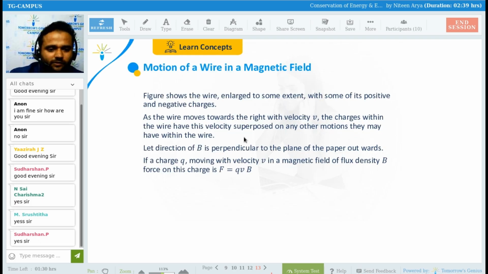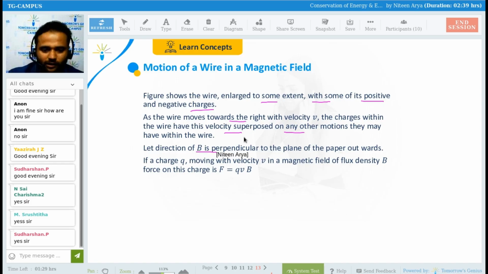So based on that, we have a figure that shows the wire. I mean the previous figure we are talking about right now. The figure shows the wire enlarged to some extent with some of its positive and negative charges. Fair enough. As the wire moves towards the right with velocity v, the charges within the wire have this velocity superposed on any other motion they have within the wire.